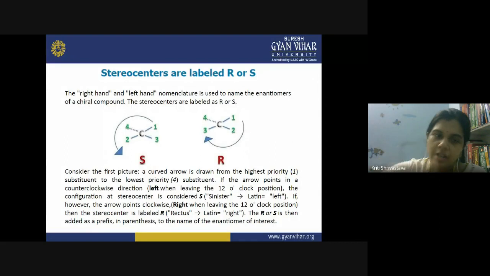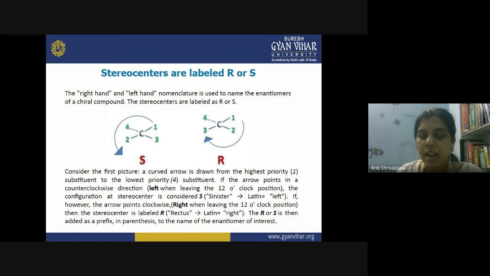In the opposite direction of your clock, the configuration at the stereo center you call S. S is sinister, which in Latin means left. And if the arrow points clockwise, in the same direction as the clock, you call it R. Your stereo center has the R configuration, which is called rectus, and in Latin it means right. Both these words, sinister and rectus, are Latin words.